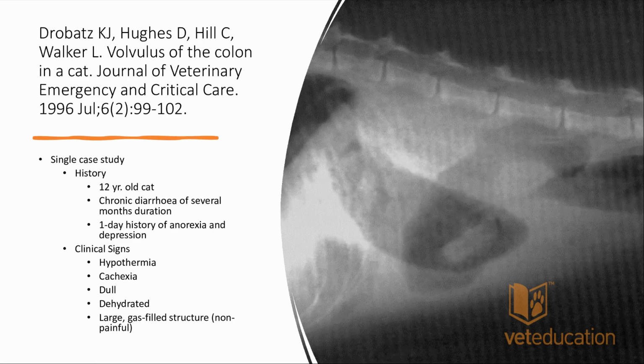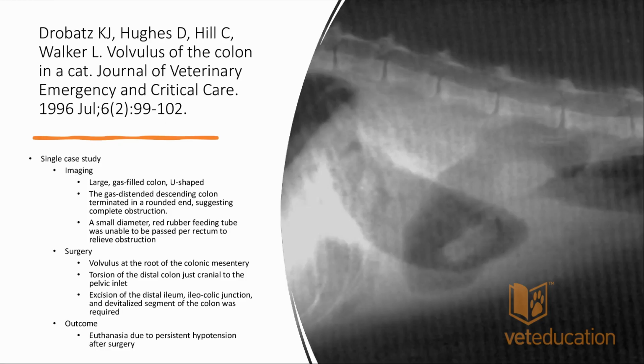So here is this large gas-filled structure. In fact, there are three gas-filled loops here in the colon that are all part of this volvulus of the colon in this cat. There was a large gas-filled colon that was U-shaped on ventrodorsal view. The gas-distended descending colon terminated in a rounded end, which indicated a complete obstruction.